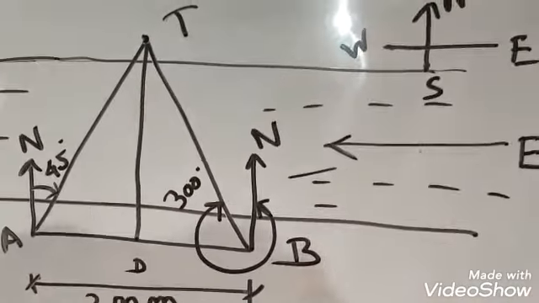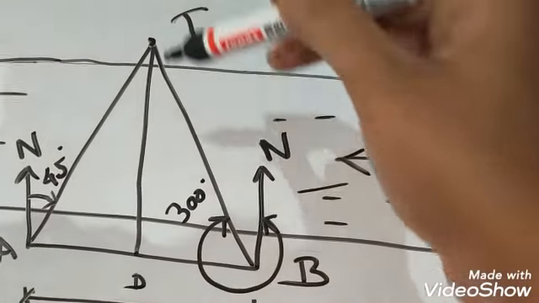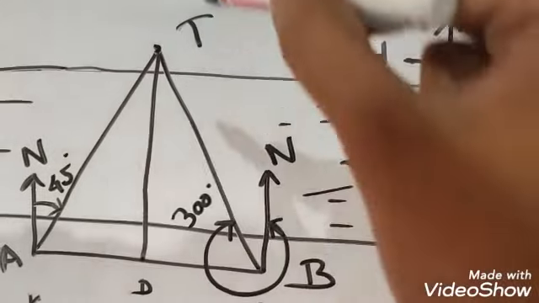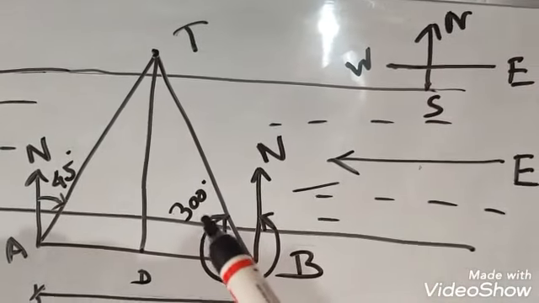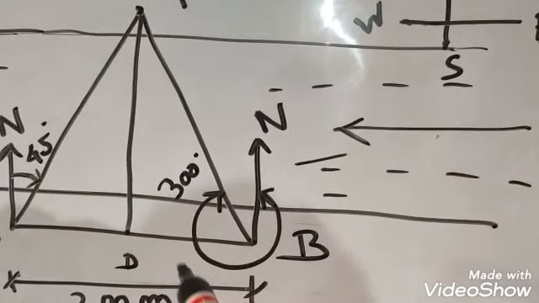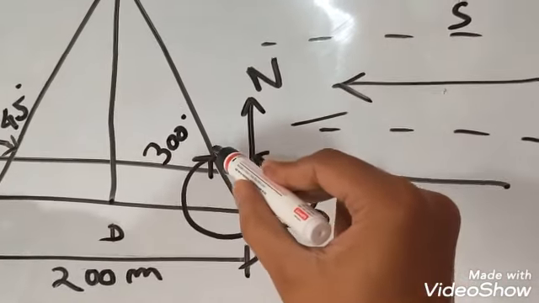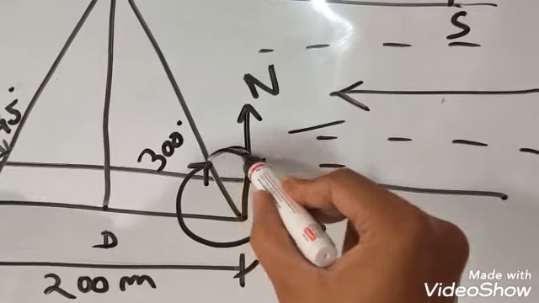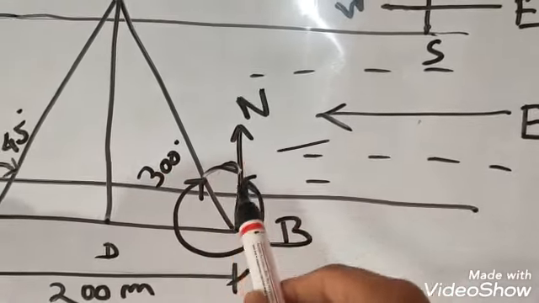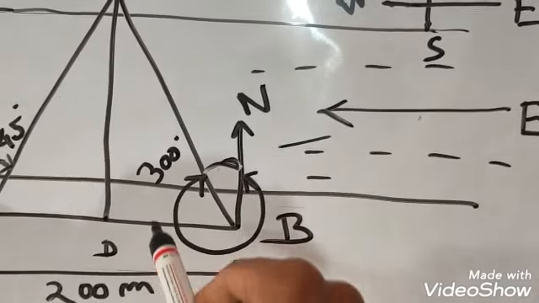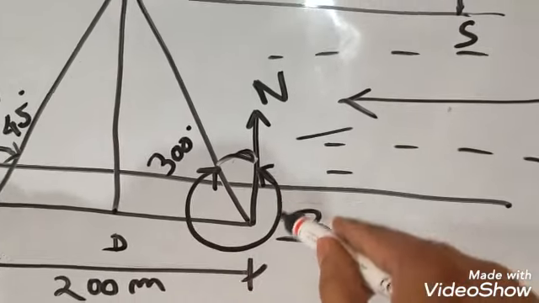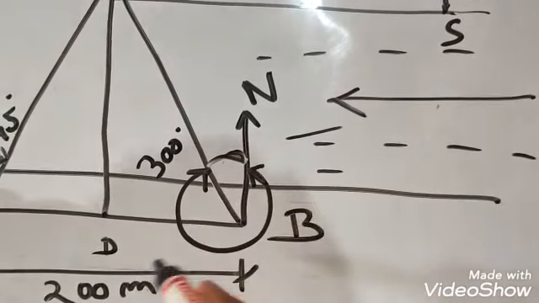Just like that, the bearing of tower T from the point B, that means the line joining B and T, is making an angle of 300 degrees with the north direction measured clockwise. This cannot be the bearing because it will be anti-clockwise. Clockwise we need to measure. That means this whole angle with the north direction is 300 degrees.